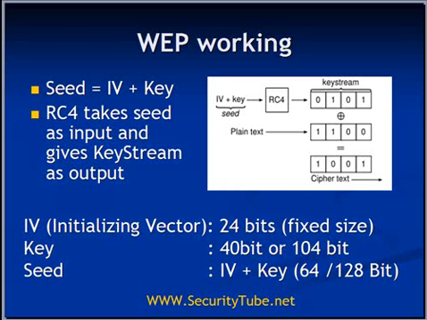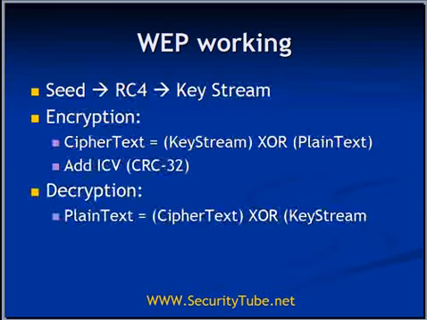Now how exactly is the encryption going to take place? The seed will be passed to RC4, and RC4 will spit out a key stream as output. For encryption, the ciphertext will be derived as key stream XOR plain text, and the ICV is also added at the end of the packet. The ICV is a simple CRC32 function.